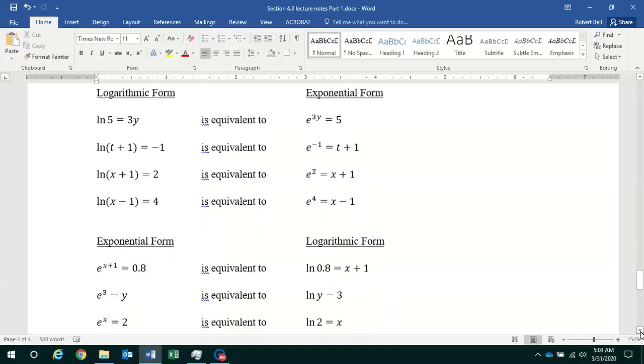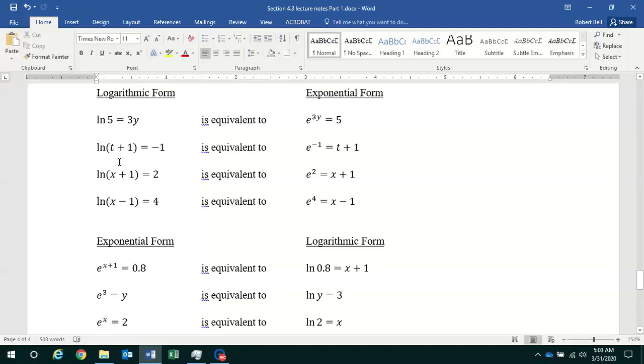So let's demonstrate the natural log function going from logarithmic form to exponential form. Remember, ln means log base e. So the natural log of 5, which is equivalent to log base e of 5, is equal to 3y, means e to the 3y power is equal to 5.